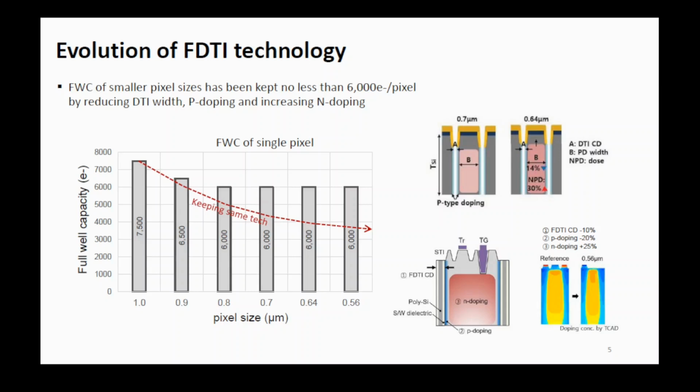The FDTI CD, critical dimension size, was decreased by 10%, and we decreased the p-doping and also increased the n-doping to keep the full well capacity at the same level.